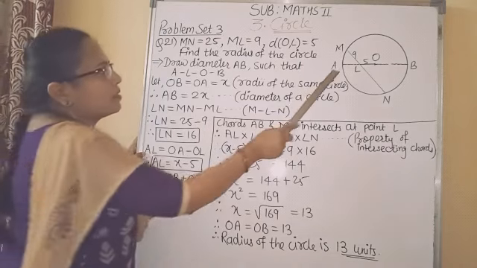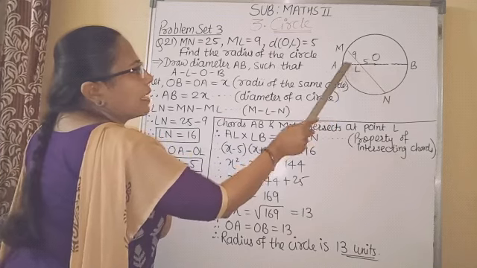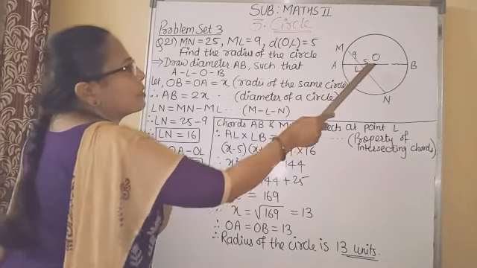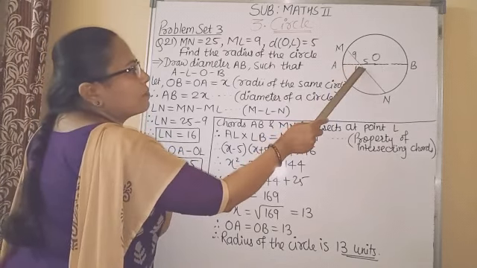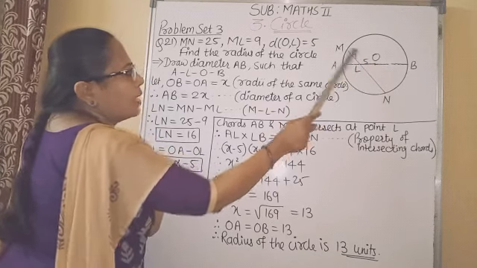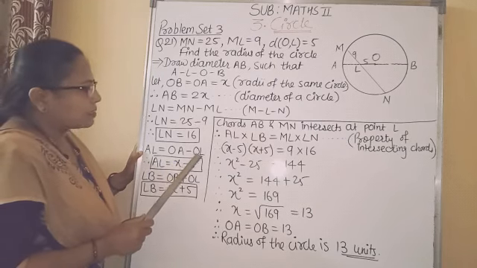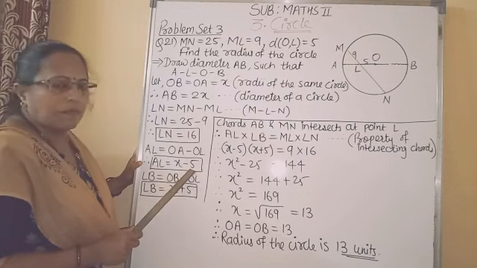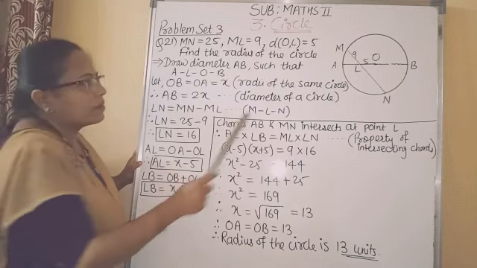Now AL. See, OA is the radius of the circle which we assume X, and OL is equal to 5. So AL is equal to OA minus OL. OA is X and OL is 5, so AL is equal to X minus 5.